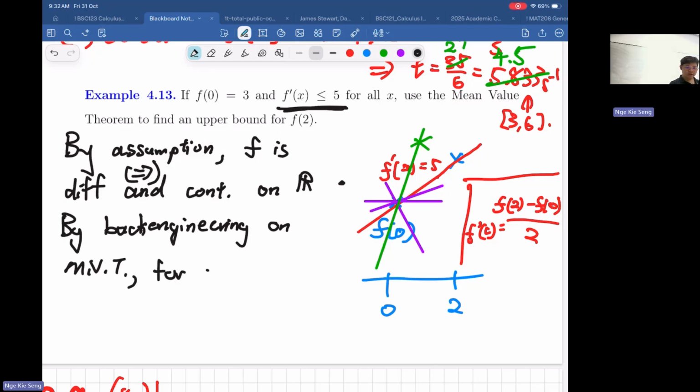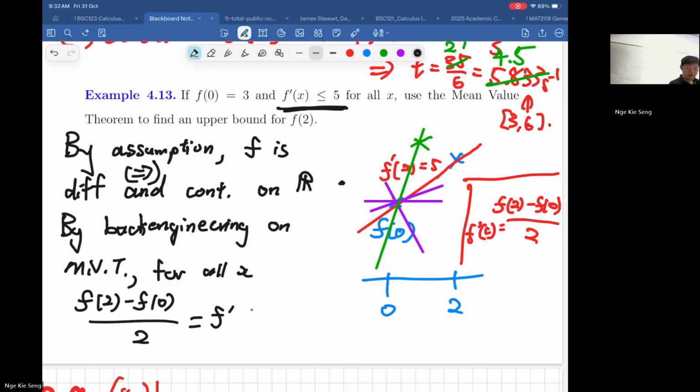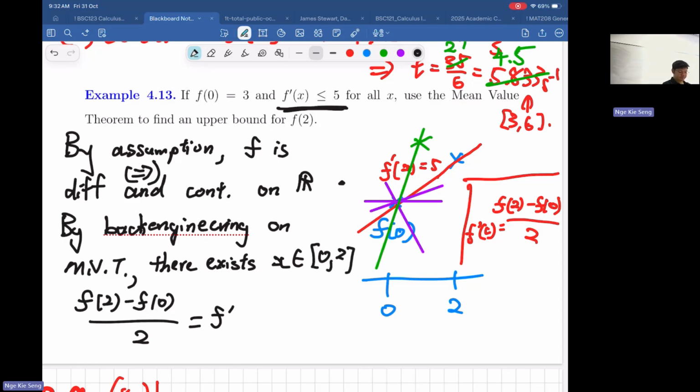We know that there exists an x such that f2 minus f0 over 2, and the mean value theorem tells you that this x lives between 0 and 2, equals f prime x.